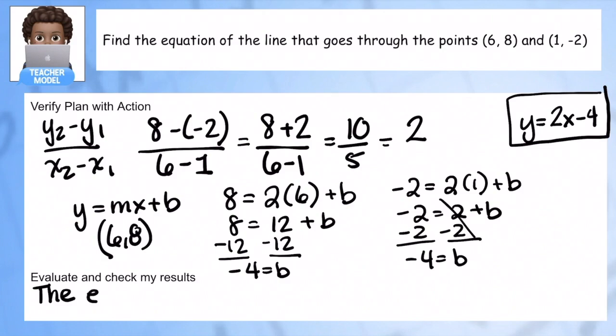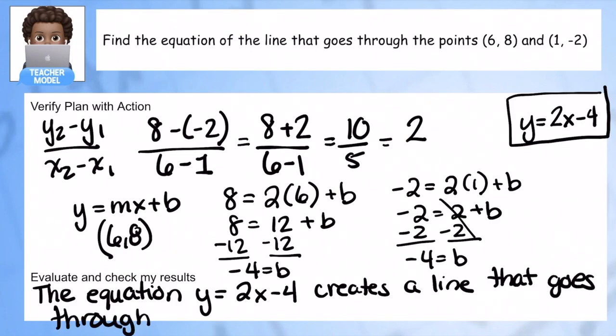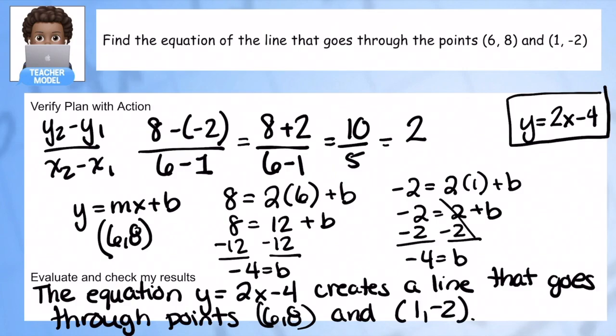The equation y equals 2x minus 4 creates a line that goes through points (6, 8) and (1, -2). Done. Hit pause so you can jot this down in your notes.